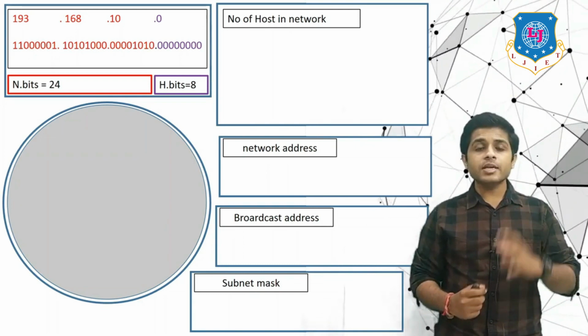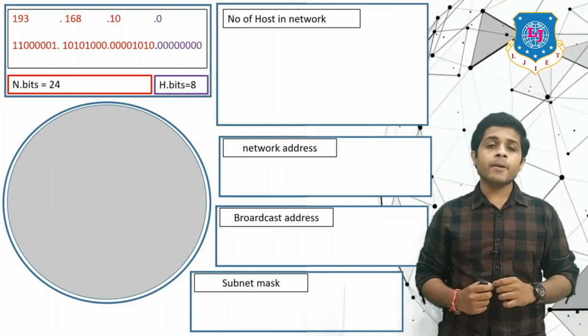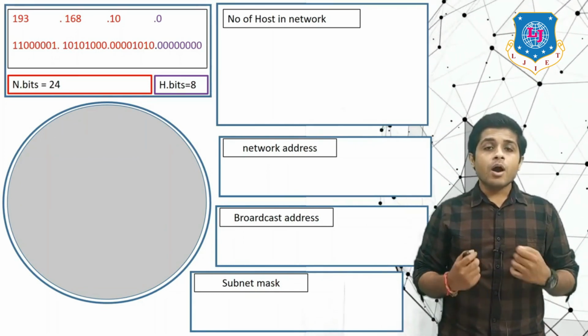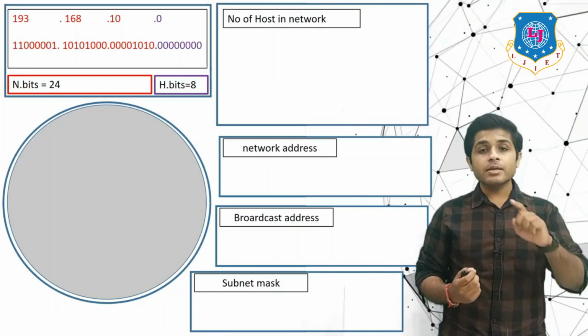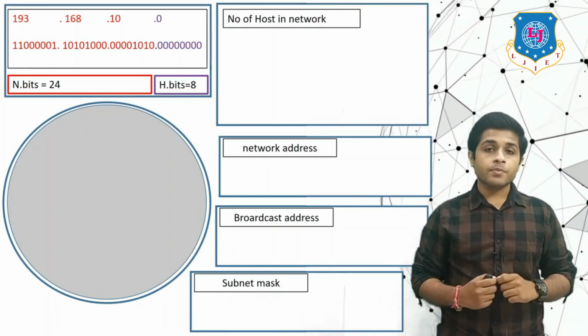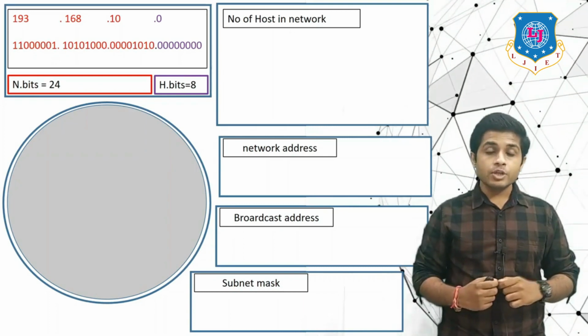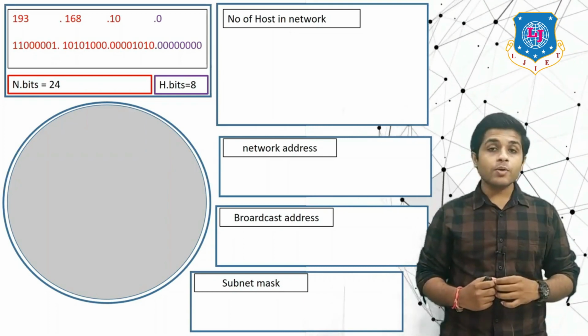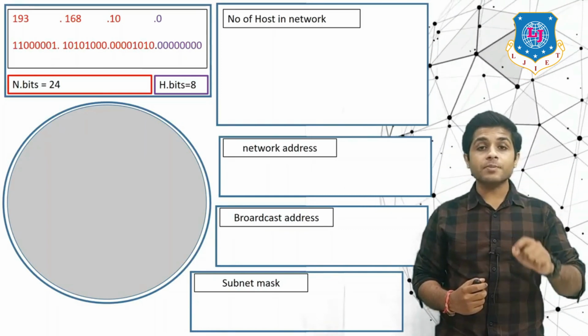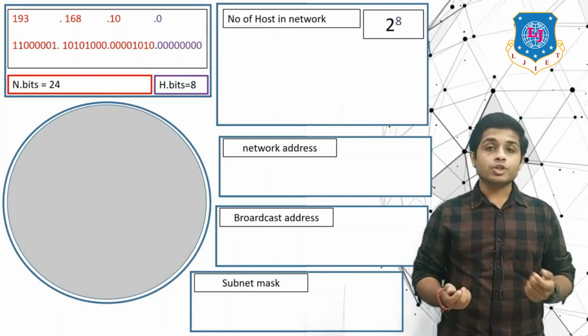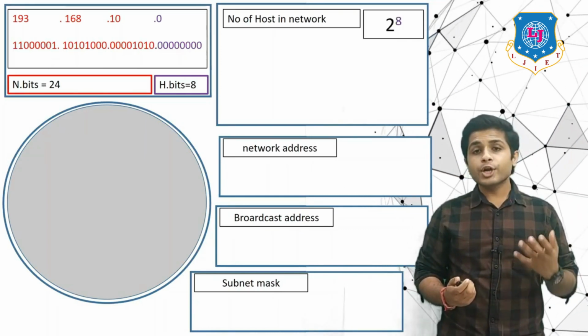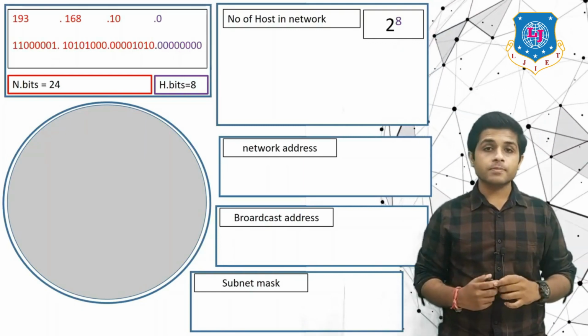The first thing I need to find in this network is how many hosts are possible in this given network. We know that the host bits are 8. From the host bits, you will know how many hosts are possible. So 2 raised to 8 means 256 hosts are possible.